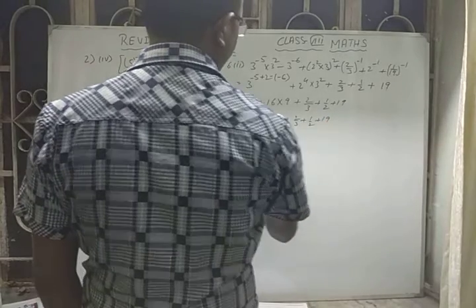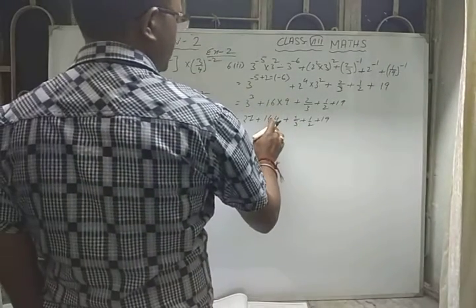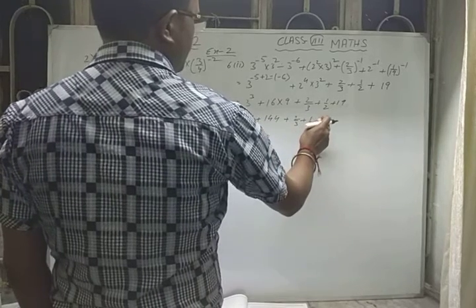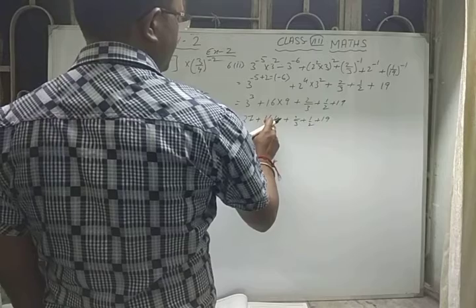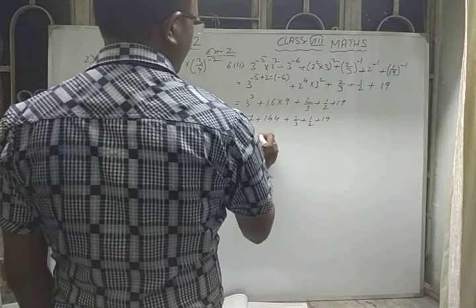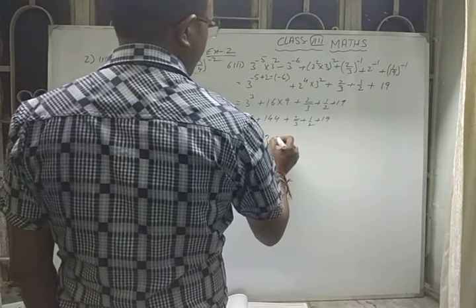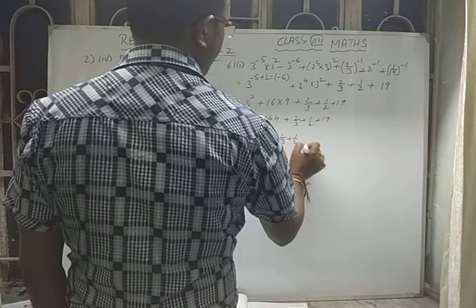Now you can add these three numbers. 9 plus 4 is 13, 13 plus 7 is 20, 0, carry over 2, 2 plus 1 is 3, 3 plus 4 is 7, 7 plus 2 is 9, and 1 is there. So 190 plus 2 by 3 plus 1 by 2.